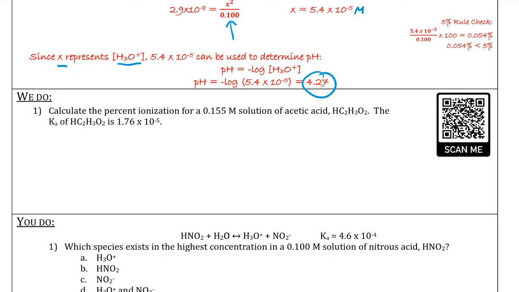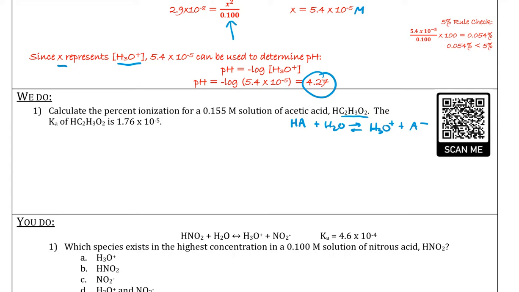If I think about this as a rice table, you can write out the actual acid's formula, or you can just use the generic HA as your acid, where A would be the conjugate base. The C2H3O2 ion in shorthand is just HA, plus water, making hydronium and our conjugate base.